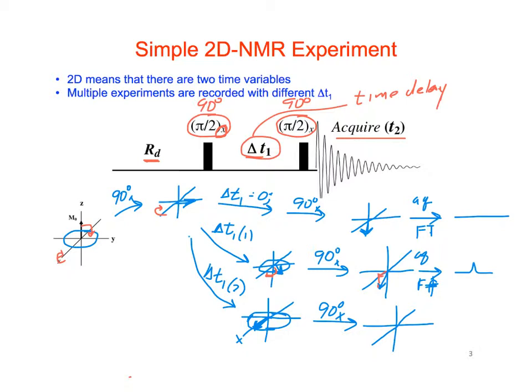Because there's no component outside of this axis. It's all in that axis, so when it rotates, it's going to just look the same. But now we have all of the intensity in the XY plane. And so we would get a bigger signal.